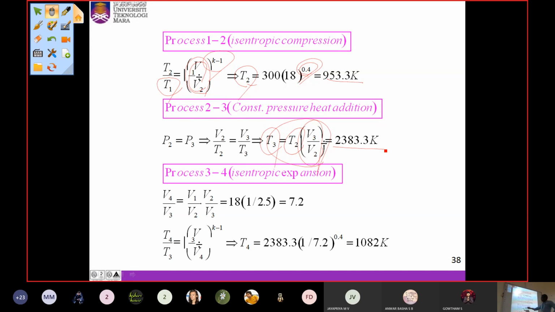We have the equation T4 by T3 equal to (V3 by V4) power k minus 1. This V3 by V4 is given, and we calculated the T3 value. If you substitute, you can get the T4 value as 1082.82 Kelvin.